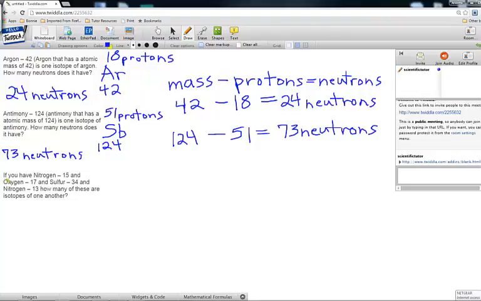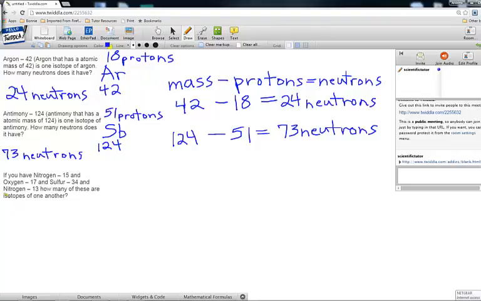The last question is, if you have nitrogen 15 and oxygen 17 and sulfur 34 and nitrogen 13, how many of these are isotopes of one another? By definition, isotopes means it has the same number of protons, but it can have a different number of neutrons.